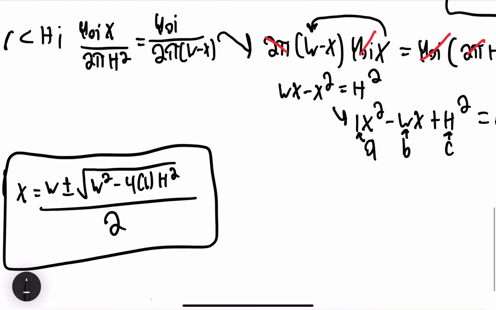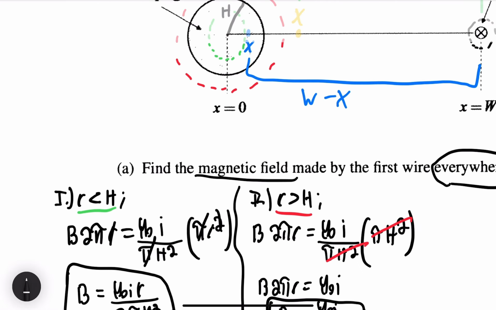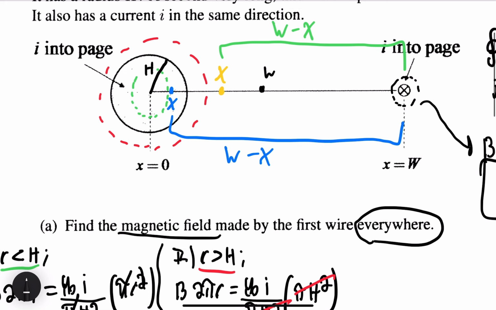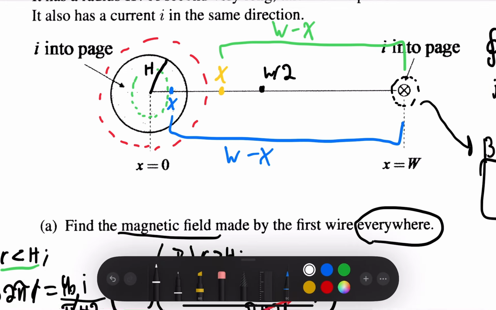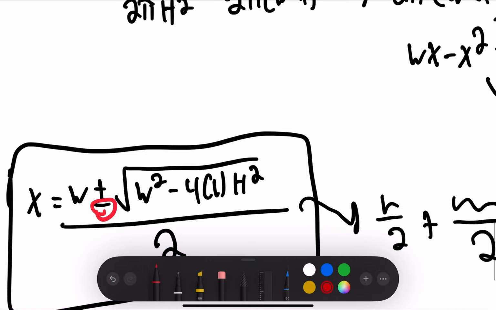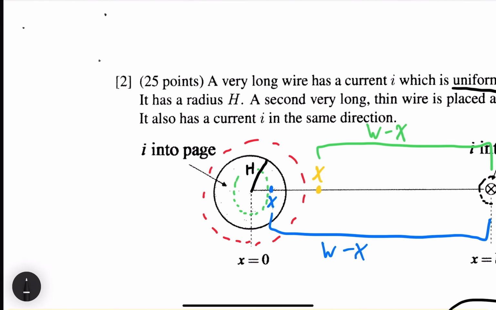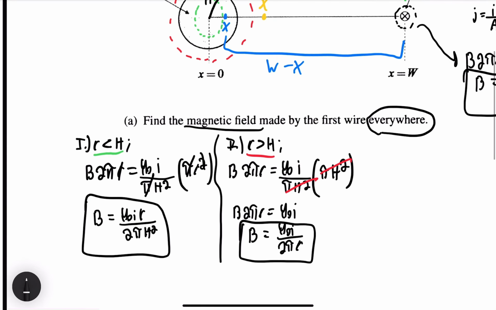So if we said it was w plus the square root divided by 2, we're saying that it's w over 2 plus some other stuff over 2, right? And w over 2 is over here, but that doesn't make any sense because we're saying that this solution is for the region inside the circle. So there's no way that we can have a solution where it's outside. So that's why in this case we would only consider the negative part of the root, because we need this to be some point inside the circular region, not outside of it.